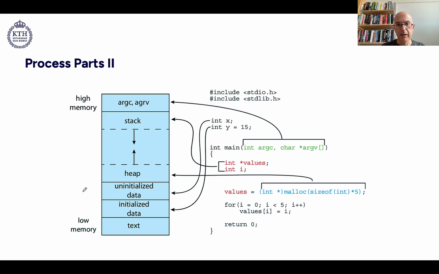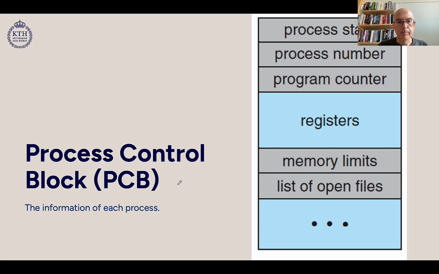So here, again, a C code, and we see how different parts fit to different parts of the process. So for instance, here we have dynamically allocated memory that will go to the heap. An important building block of a process is the so-called process control block, or PCB in short, that stores all the information of each process.